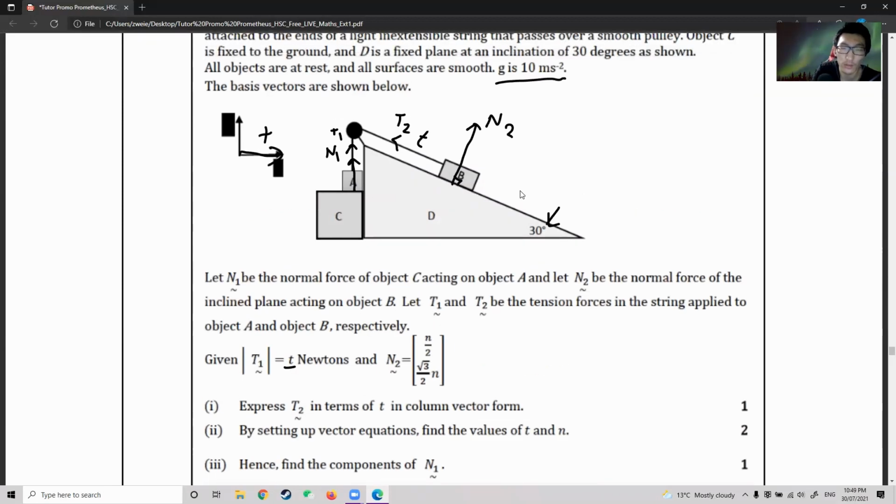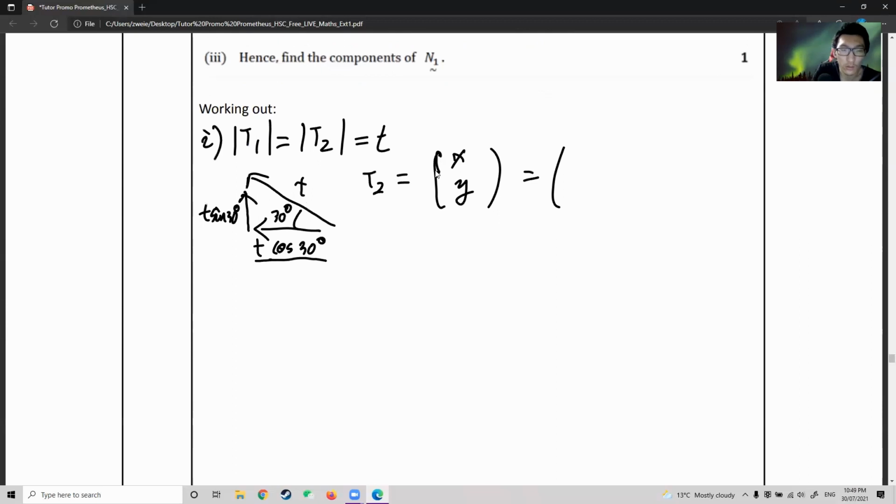Positive direction is towards the right. So over here towards the left, it should be negative. So writing my X, negative T cos 30 degrees, and T sine 30, it is upwards. Upward is positive.